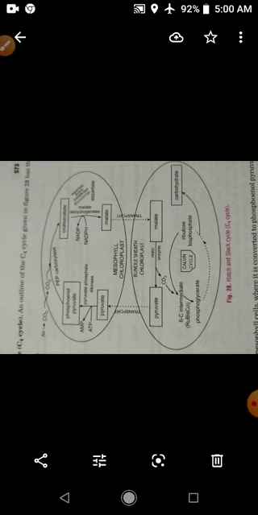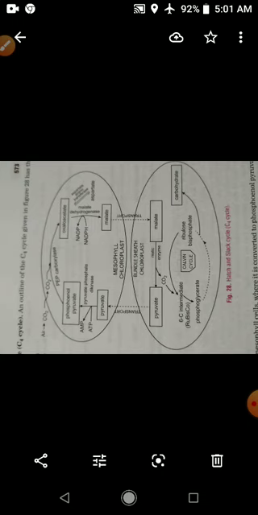These plants tolerate higher temperature. They show a response to high light intensities. So children, you have to study the mechanism of the C4 cycle.